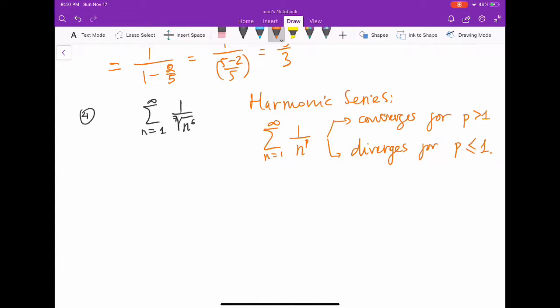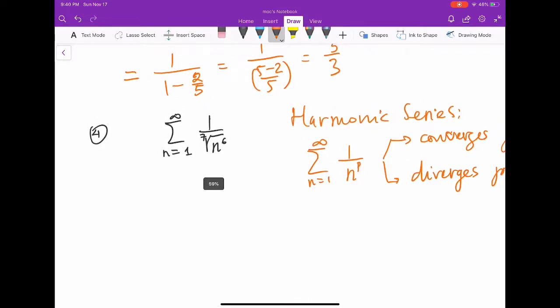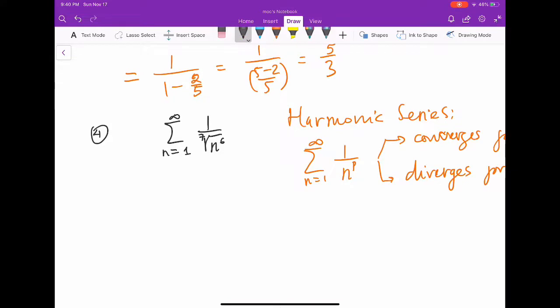So our series right here looks like a harmonic series. How to see that? I will write the 7th root of n to the 6 as the sum, n from 1 to infinity, of 1 over n to the 6/7. So pay attention on this, please. The power in this case is 6/7, so p is equal to 6/7.